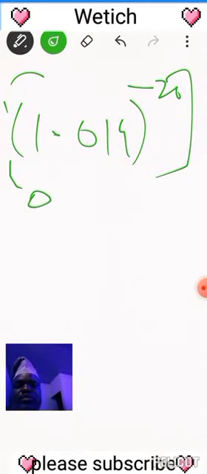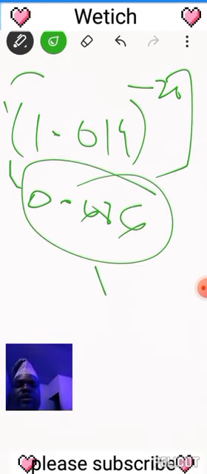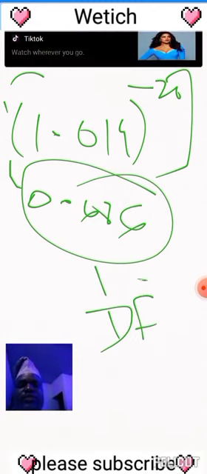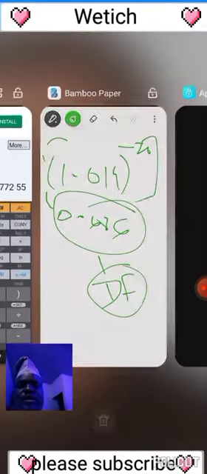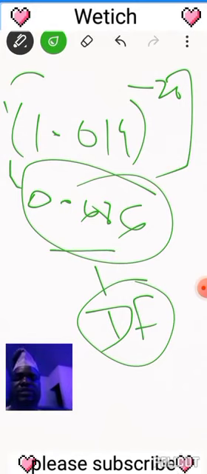So this value 0.686, since we are taking it to the present from the future, is called a discount factor. So let's solve for the present value given our discount factor.